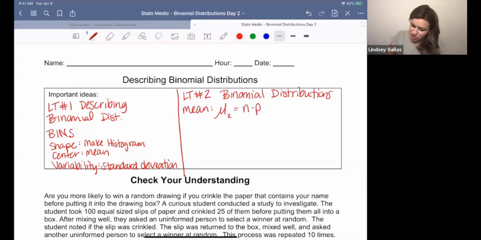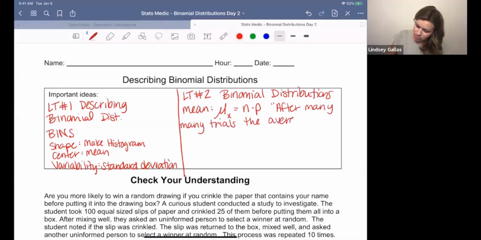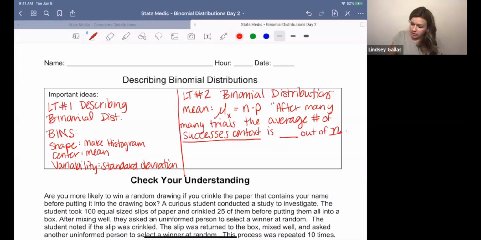And my interpretation of that, I'm going to say, is after many, many trials, the average number of successes, and you should put that in context, is blank out of n. So again, make sure, here I'm going to put mu of x, make sure on this that you are saying it's out of how many trials. Okay, so that is for mean.